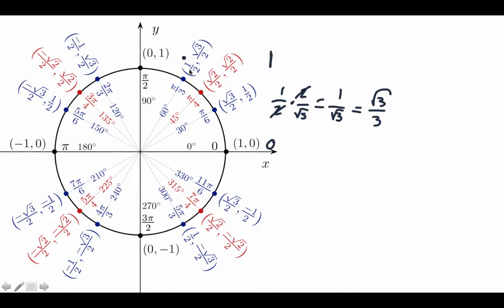And then here, sine over the cosine, that's root 3 over 2 times 2 over 1. Dividing is multiplying by the reciprocal, the 2s cancel, and here you get root 3. And then the tricky one, 1 divided by 0. What is 1 divided by 0? Hopefully you said undefined. There is no tangent of pi halves. You can't do it. It's undefined.